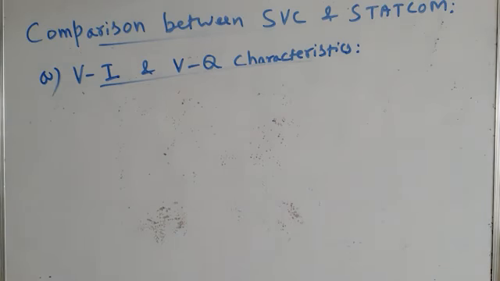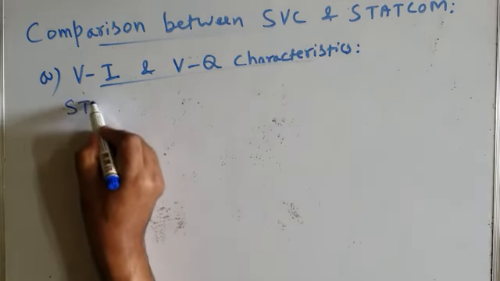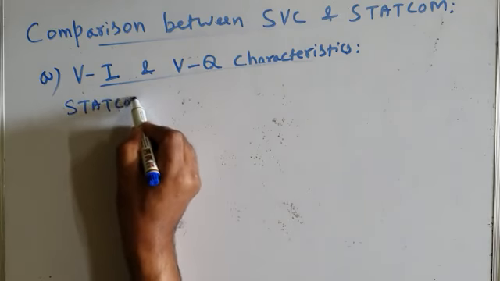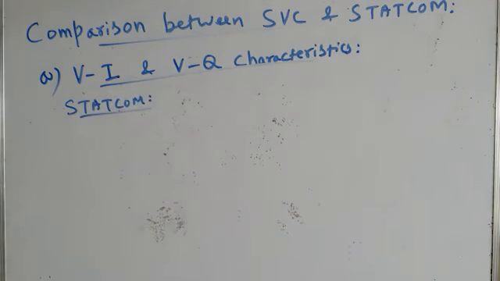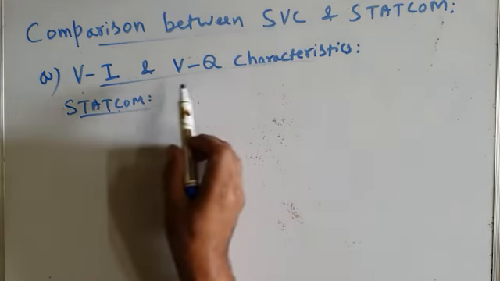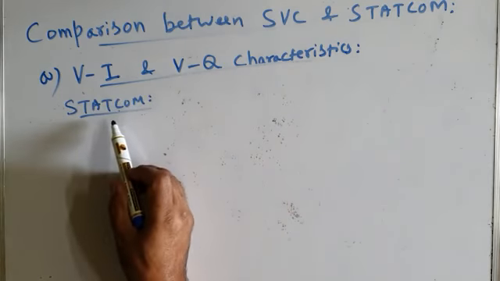Let us first take STATCOM and draw its VI and VQ characteristics. Then we will draw the VI and VQ characteristics of SVC, make a comparison between the two, and try to see which one is better as far as VI and VQ characteristics are concerned. Let me first draw the VI and VQ characteristics for STATCOM.